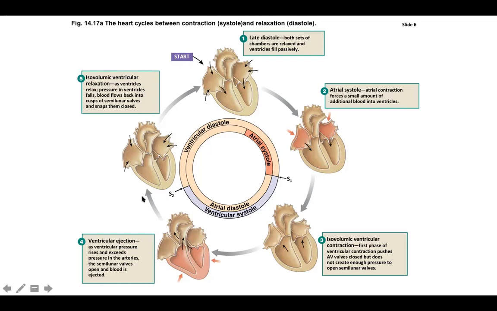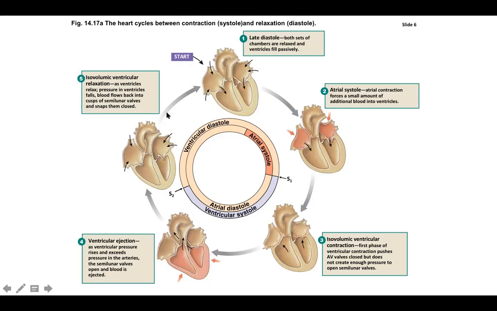And now you're relaxing the ventricle against the semilunar valves closed and the atrioventricular valves closed. So now you're having this relaxation phase that is against all valves closed. So you can imagine that there's no change in volume during this period in time. And so this phase of the cardiac cycle is known as isovolumic ventricular relaxation.